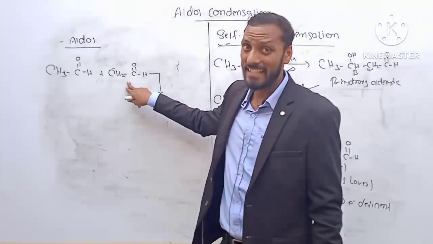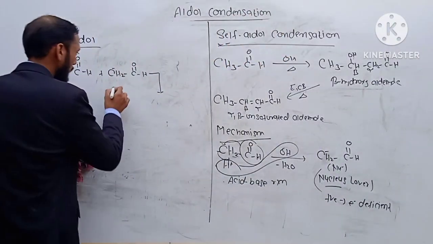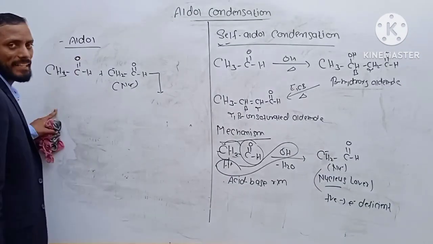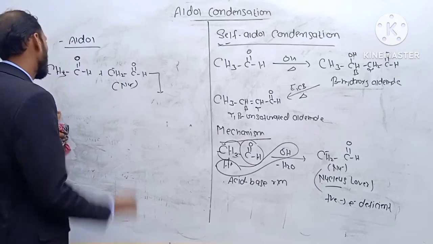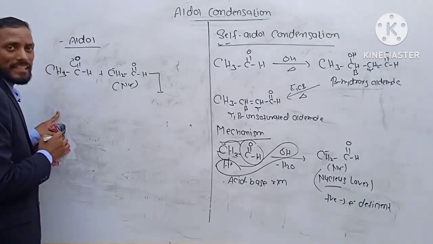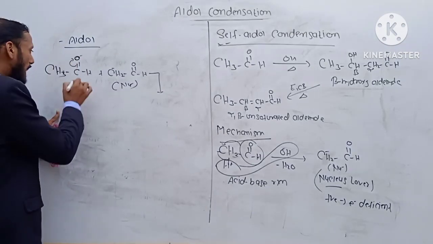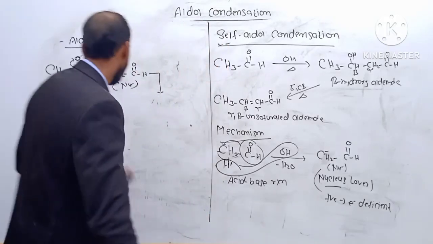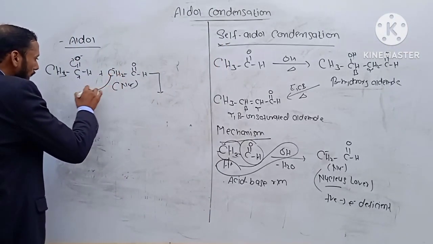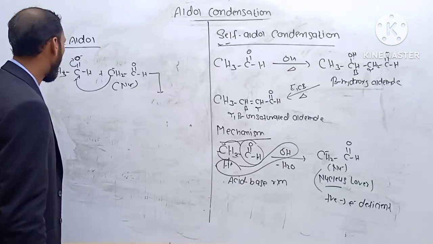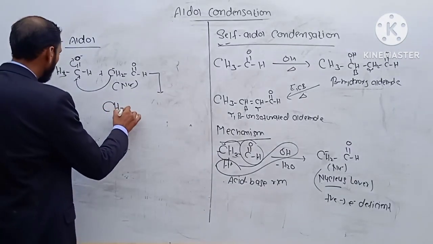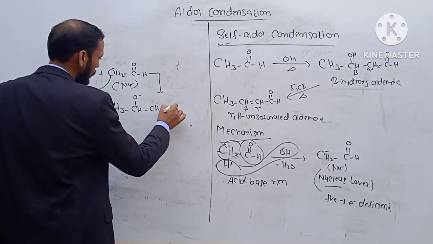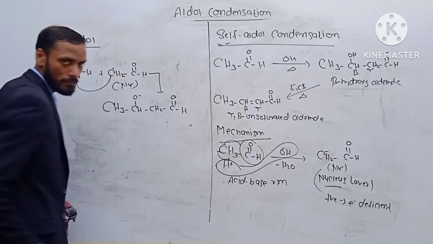Due to the more electronegative oxygen, it attracts electrons toward itself, a negative charge develops on oxygen, and a positive charge on carbon. The negative part attacks the positive part and forms CH3CH(O negative)CH2C double bond OH.